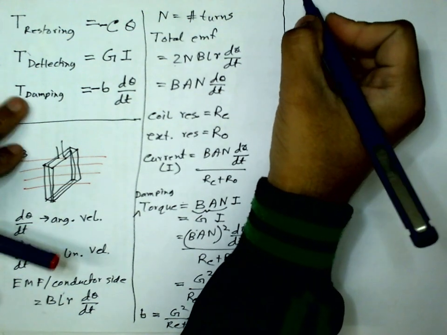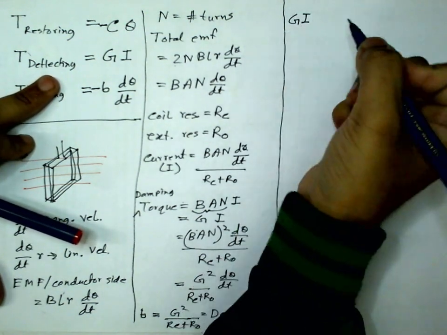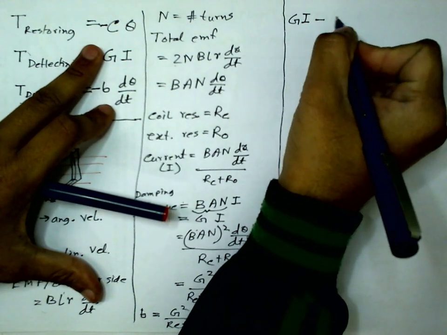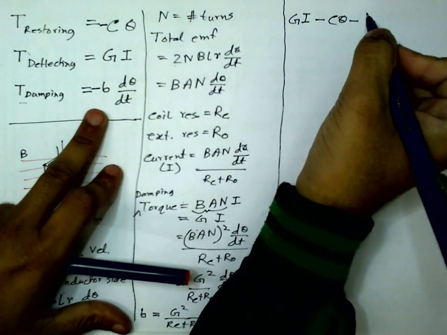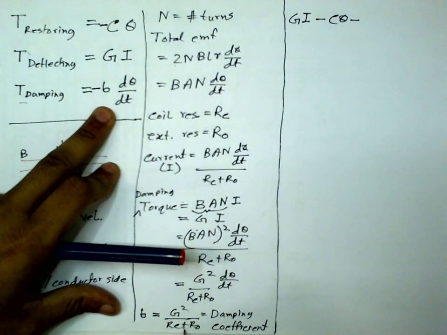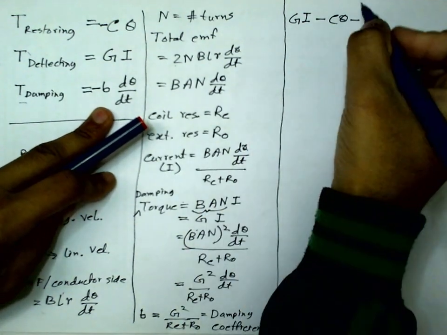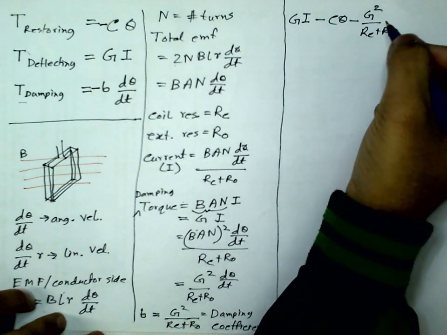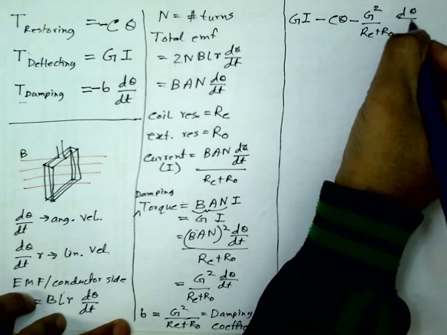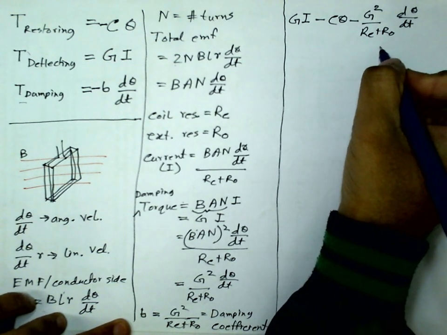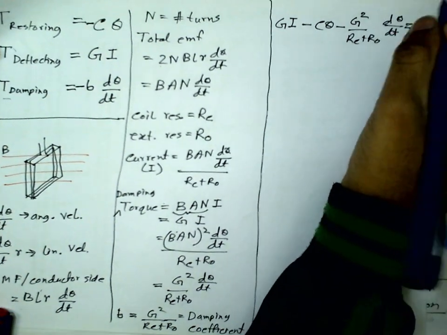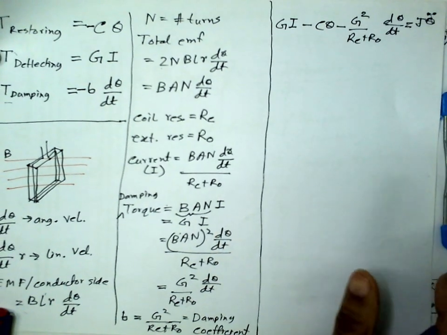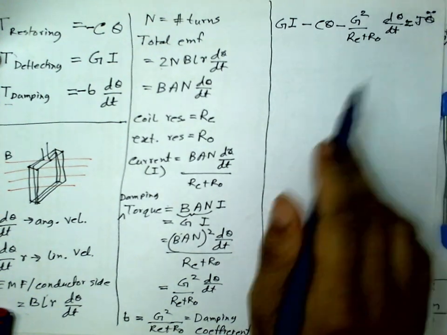So I can write first T deflecting, which is equal to Gi, then T restoring, which is minus C theta, then T damping, which is minus B, and B is here, so in place of B I write G square by RC plus RO d theta dt, and this should be equal to J theta double dot, which means d2 theta dt2. I'm using the short notation because I'm running out of space there.